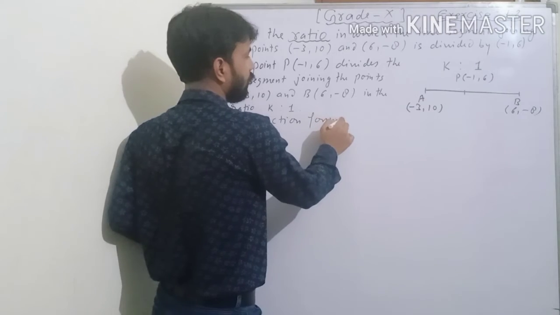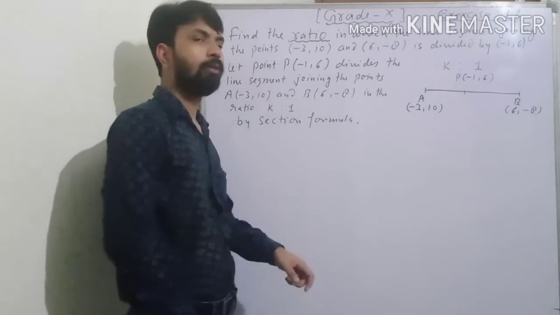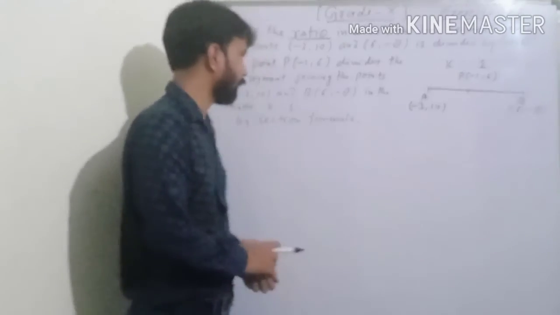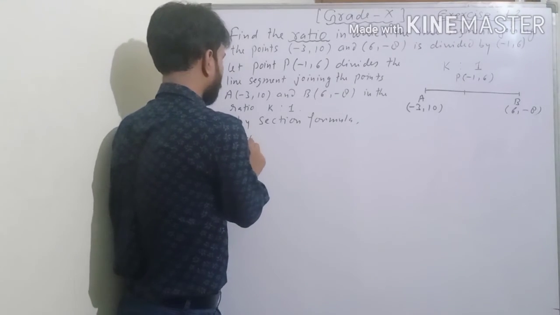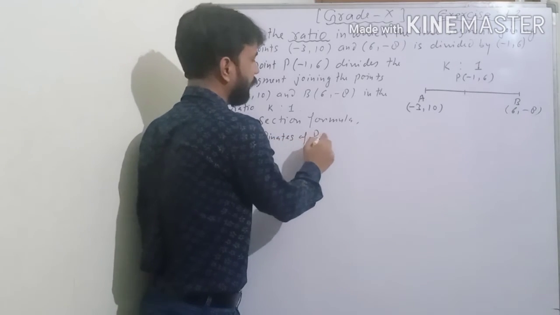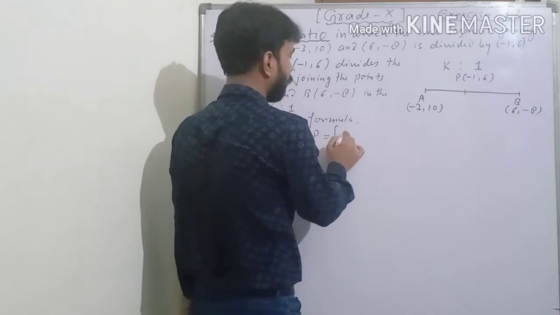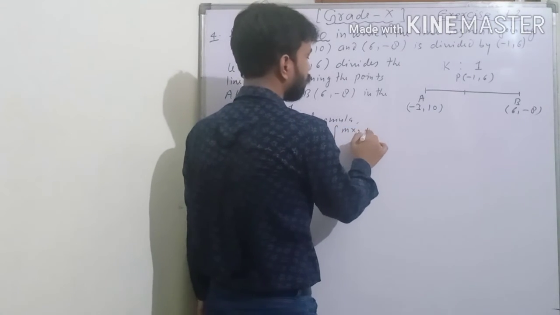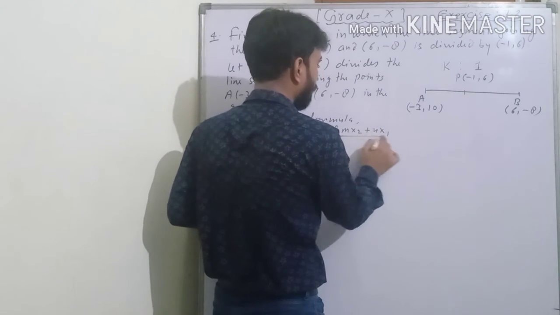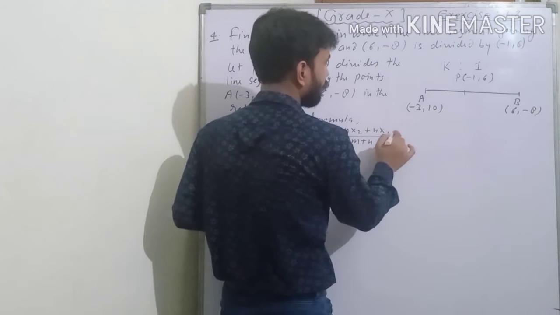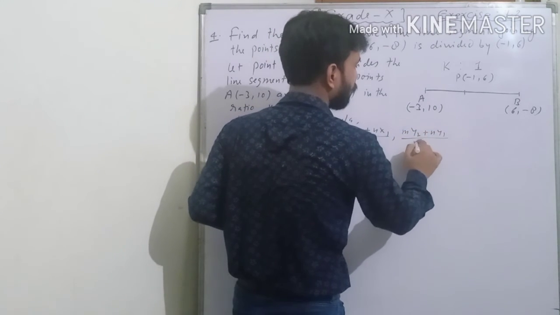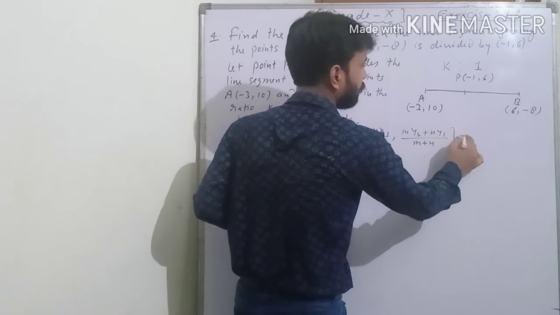By section formula, we can find out the coordinates of P. So we will have to write here: coordinates of point P equals, the formula is (mx2 plus nx1) upon (m plus n), or (my2 plus ny1) upon (m plus n).